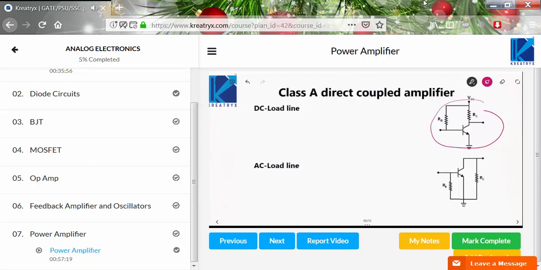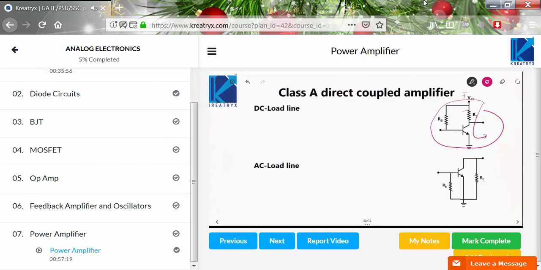This is the DC equivalent circuit. Here we want to draw the DC load line actually, right? To get the DC load line, first what we will do is apply KVL at the output loop. So before applying KVL, first we indicate the current direction.